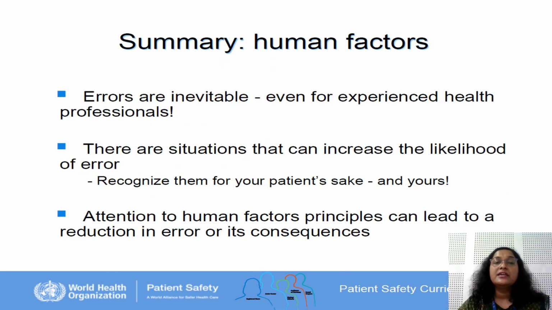So, to summarize, errors are inevitable no matter how experienced and how intelligent we are. We must recognize the situations that make us prone to make mistakes and take appropriate preemptive actions. And we must utilize human factors principles so we can effectively reduce errors and their consequences.